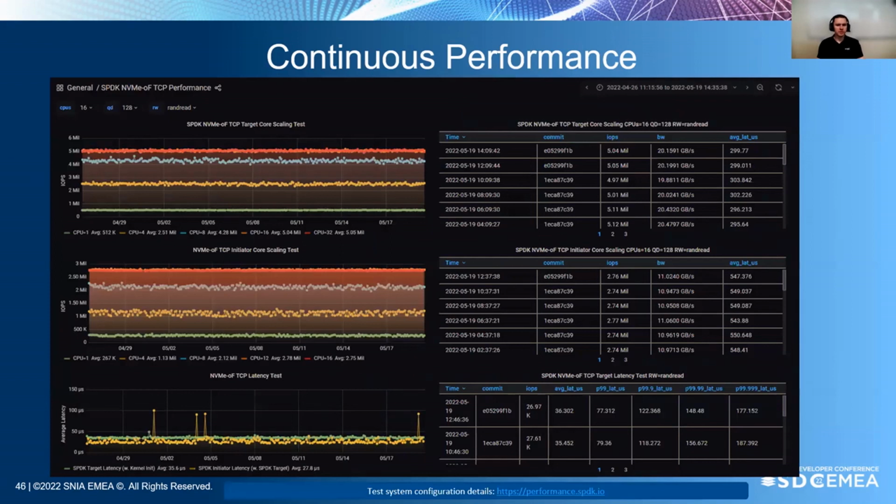And just one more slide to show how the performance dashboard looks. The trend is easily visible in the charts, and the tables on the right provide information with raw numbers, along with commit hashes, dates, and any information that can be used to identify a faulty change that introduced the regression in the code.